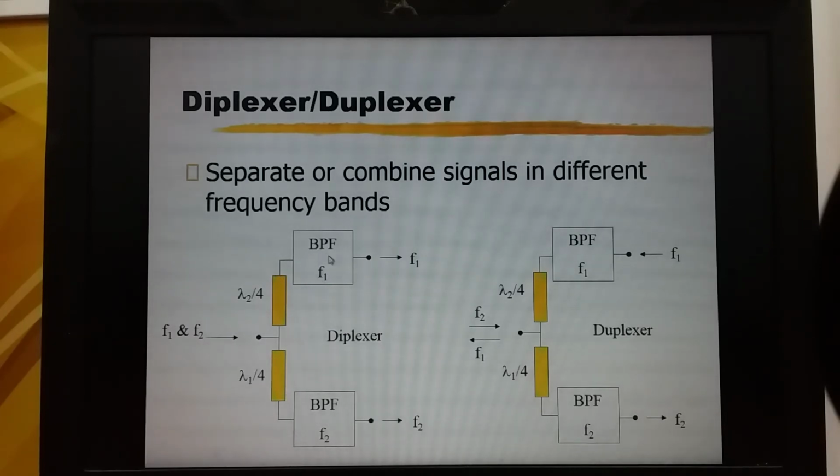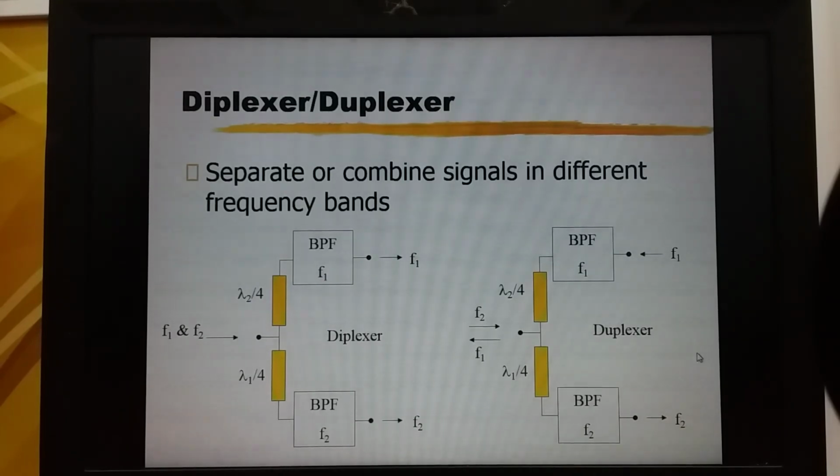A bandpass filter with a center frequency of F1 will allow only F1 to pass through and be transmitted to the receiver, and the second bandpass filter with a center frequency of F2 will select the second frequency to be passed to a different receiver. This is the operation of a diplexer.